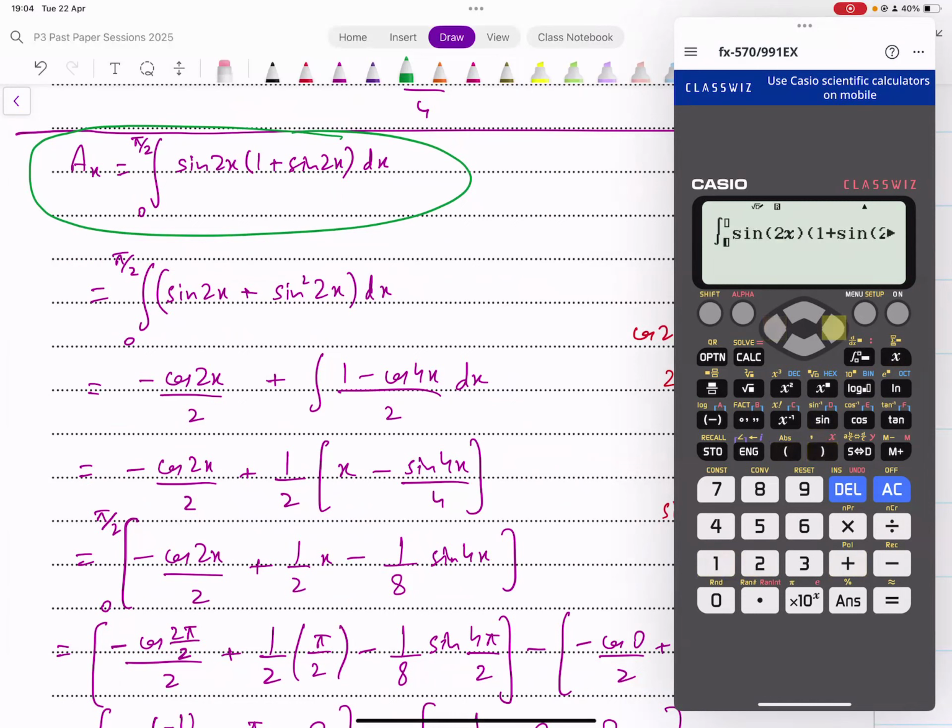Put this whole thing on your calculator like this. Input the limits. Limits are from 0 to pi over 2. Let's input those limits. That's 1.785. That's what I'm getting, right?